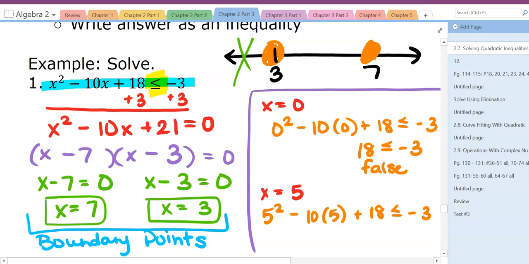So we'd have 25 minus 50 plus 18. I end up with -7. Is -7 less than -3? Yes, -7 would be smaller. It's farther to the left on the number line. So this would be true. That means that I want to be able to shade in between these two numbers.